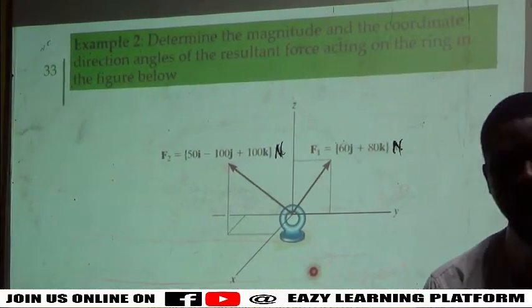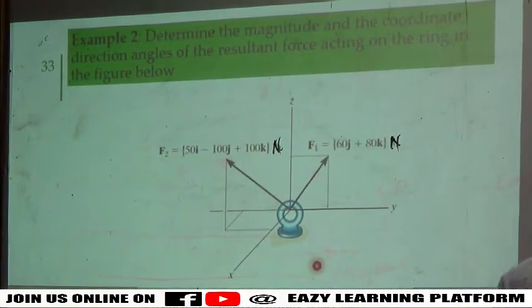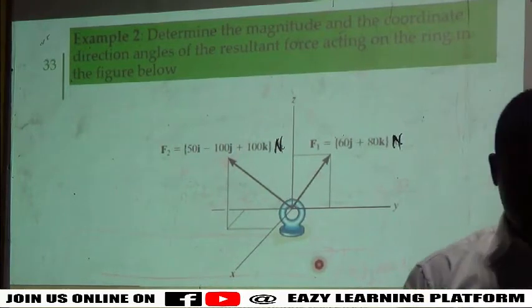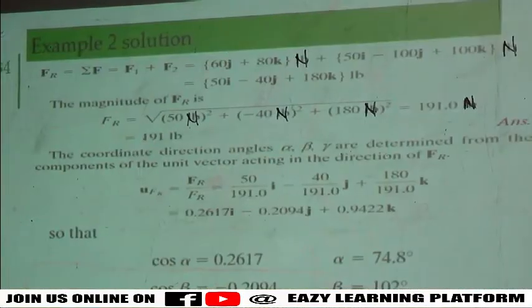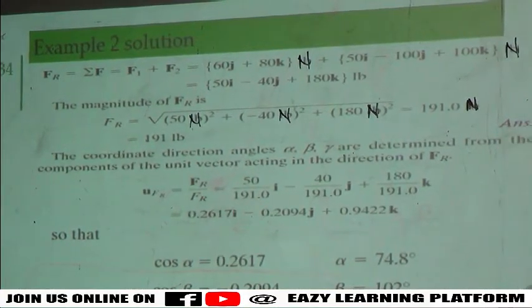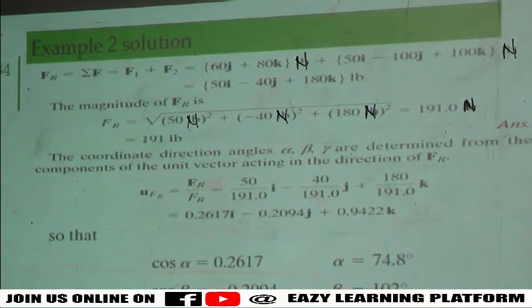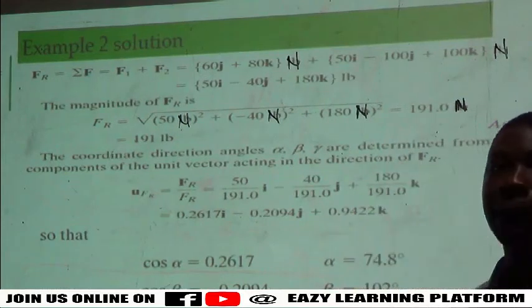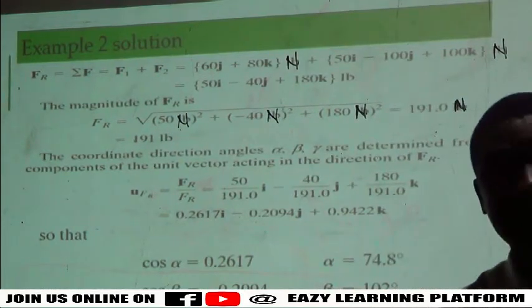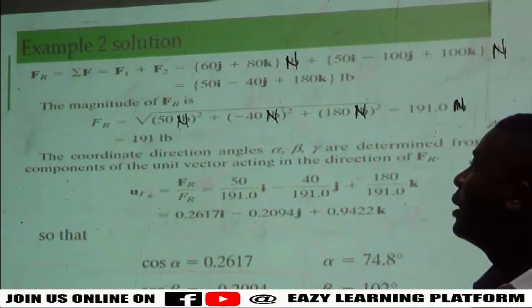Now, how do we find the resultant vector force? From the parallelogram law, we're going to sum the forces because the forces have been given to us vectorially. So it's very easy. We're going to add F1 and F2.